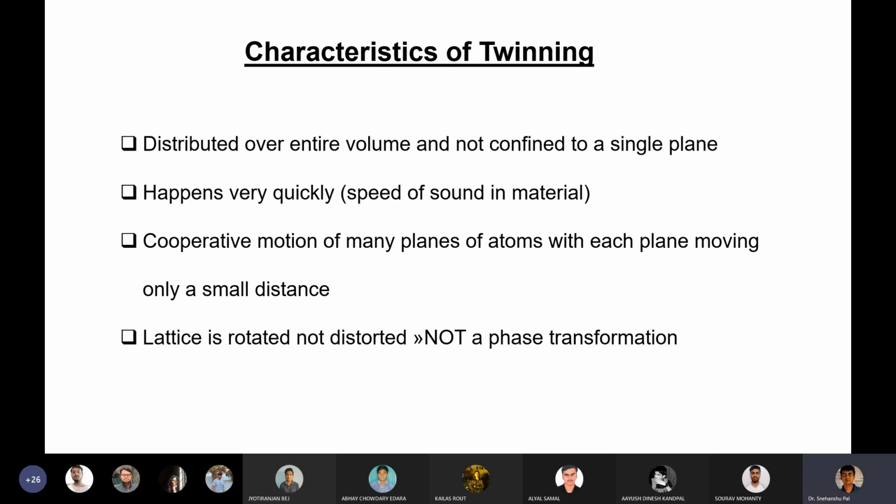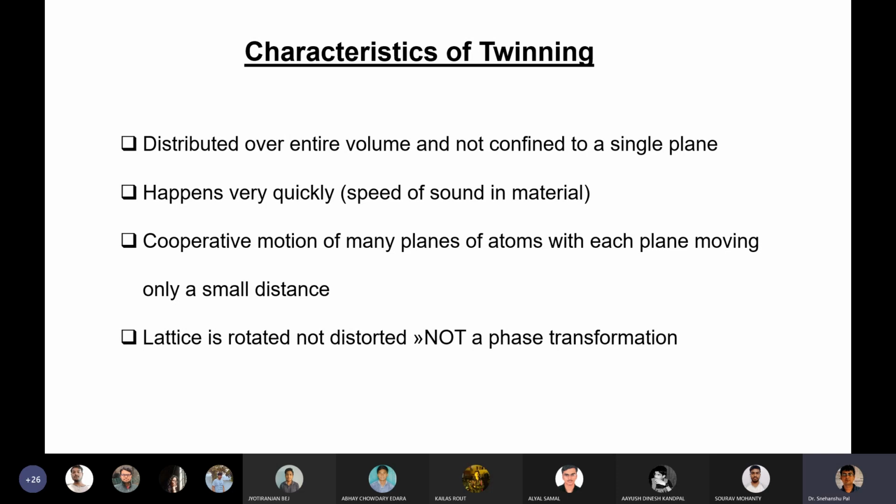So what are the characteristics? Twinning is distributed over the entire volume, not confined to a single plane. Twinning happens very quickly, sometimes at the speed of sound in the material. So at a high strain rate, that's why it sometimes leads to the formation of twinning, or the twinning mechanism becomes operative at such conditions as a plastic deformation mechanism.